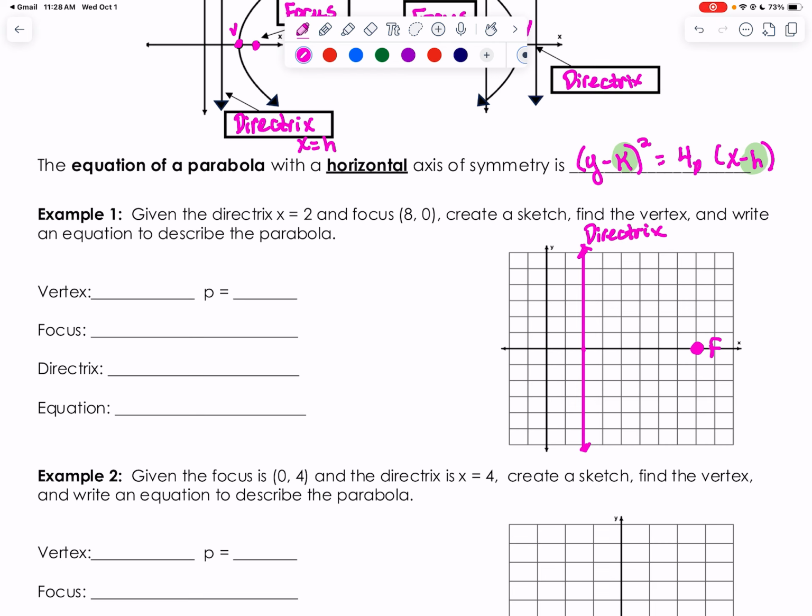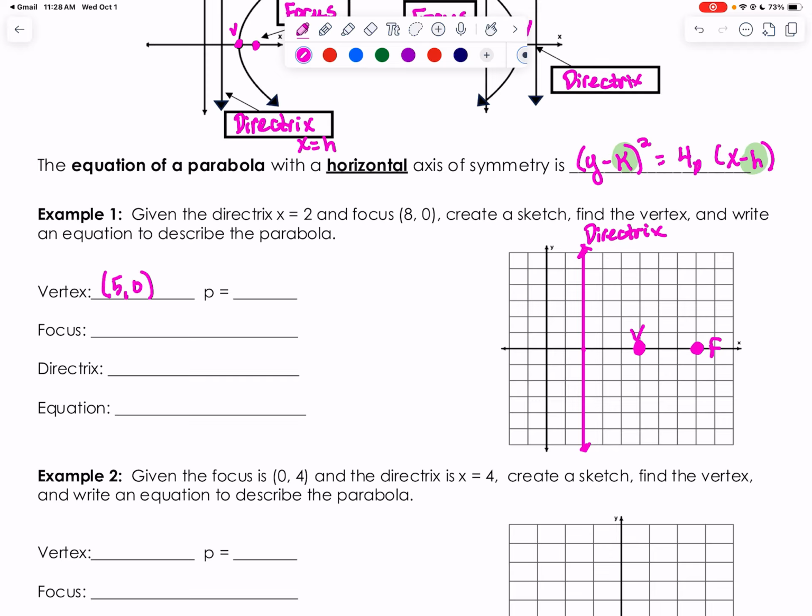So the directrix and the focus are 6 units apart. So that means my vertex is 3 units from the directrix. So 1, 2, 3. So I'm going to put a V right here for my vertex, and I'm going to record the coordinates.